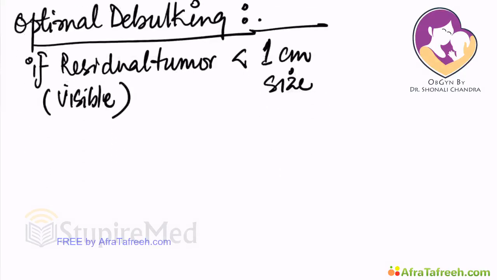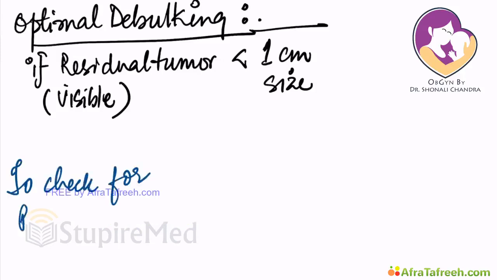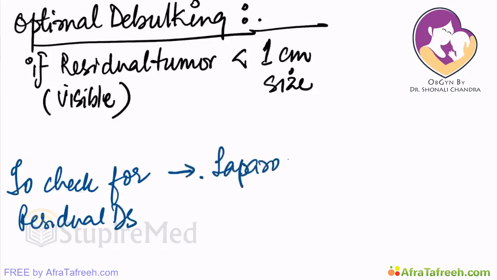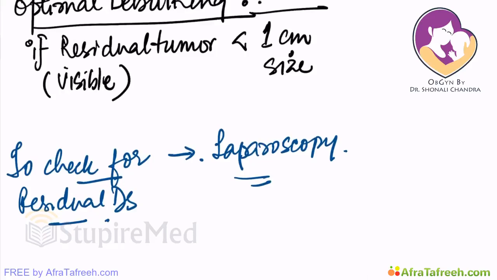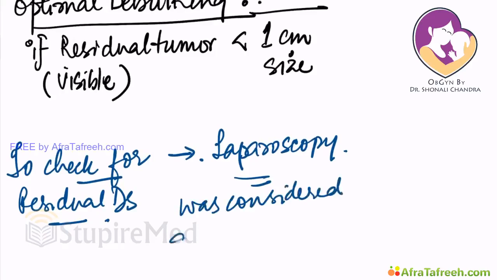In the past, people used to check for residual disease by doing a laparoscopy. This was something that was considered a gold standard.